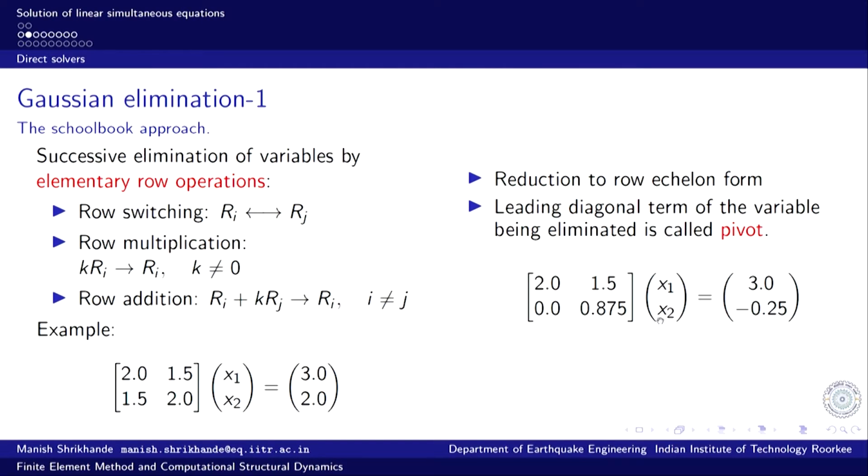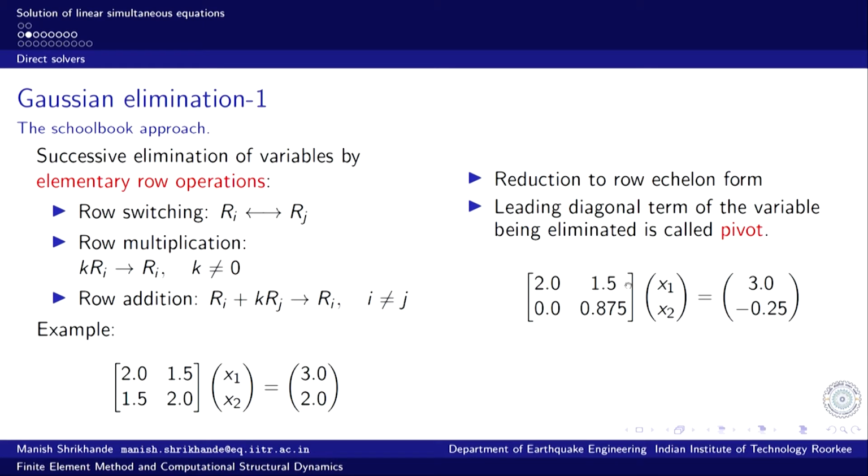So, from this, x1 is being eliminated from equation 2. When we look at equation 2, it only involves x2 and there is no x1, I mean the coefficient of x1 is 0. So, x1 is being eliminated.